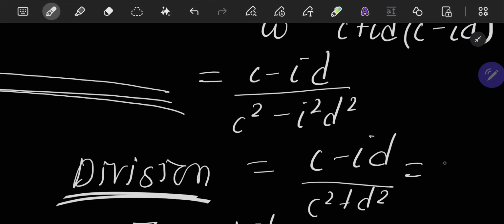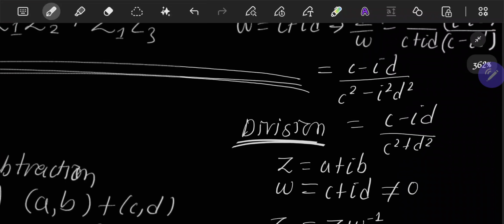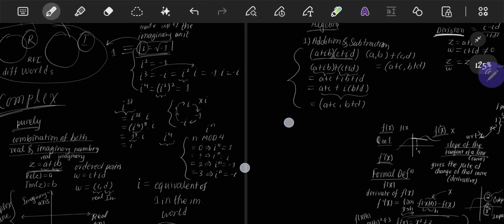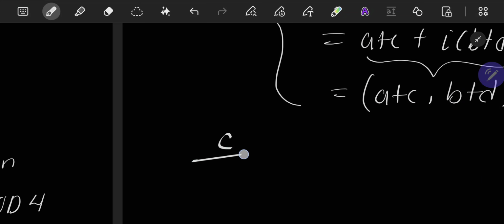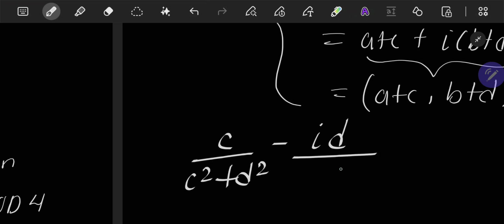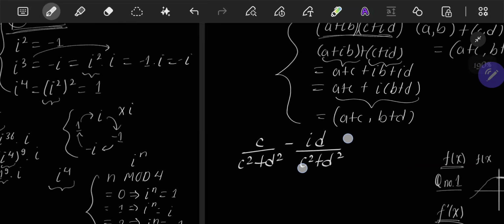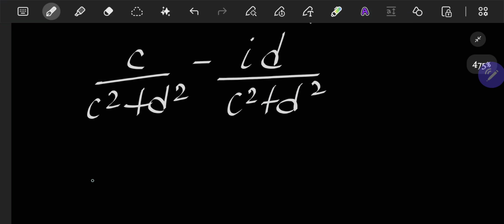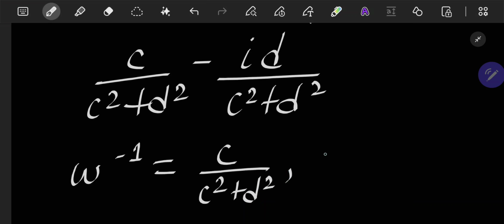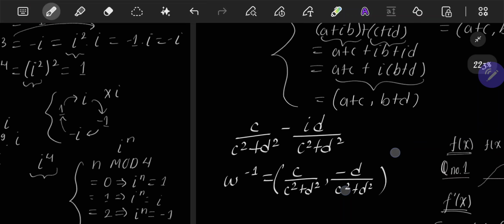So we get c over c squared plus d squared minus id over c squared plus d squared. From this we have found that the multiplicative inverse of w is c over c squared plus d squared and minus d over c squared plus d squared. This is the multiplicative inverse.